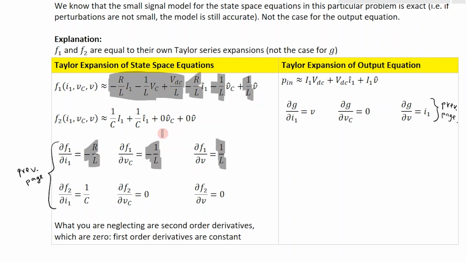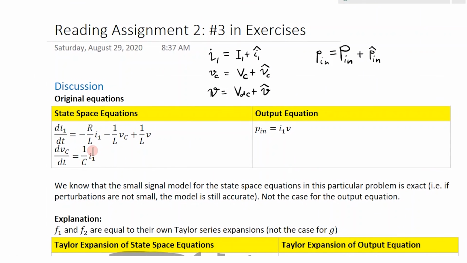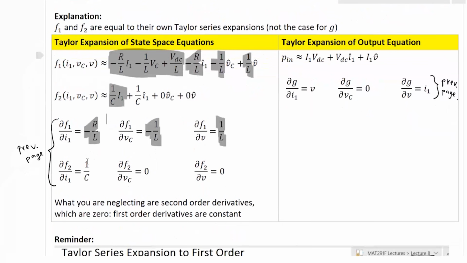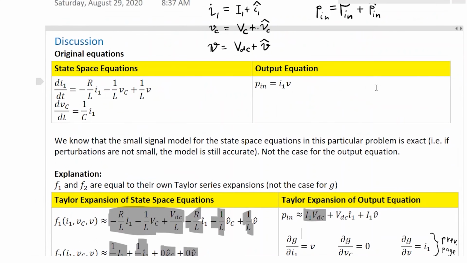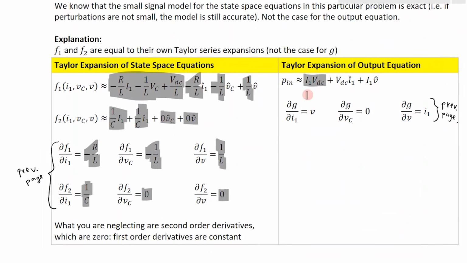Same idea here. We have the DC point, 1 over C I1. This is what I got by plugging in I1 capital, plus 1 over C I1 hat, plus 0 VC hat, plus 0 V hat. For the output equation, same idea. I'm plugging in the DC value right here, and then I'm adding the contribution of the perturbations.